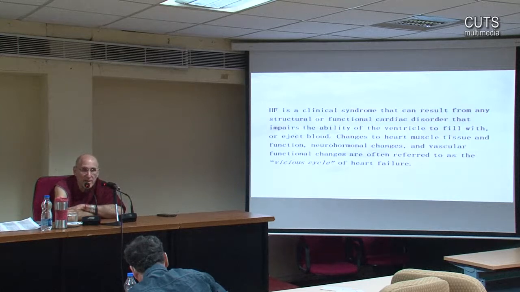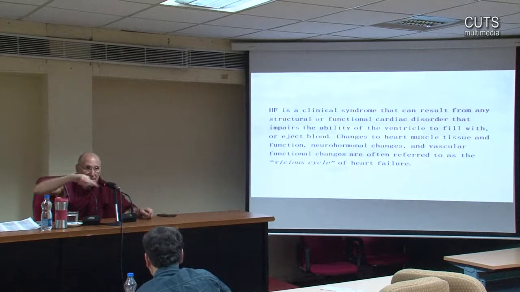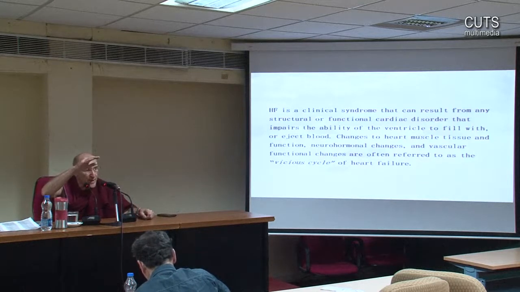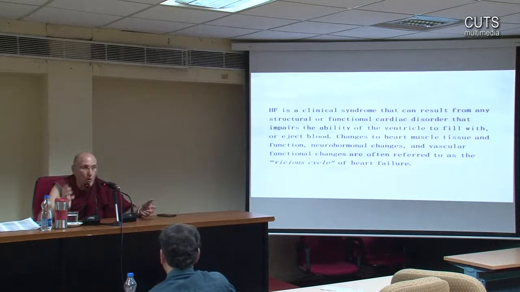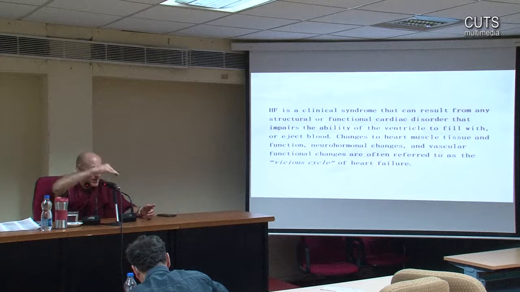And then we'll try to find the Tibetan term. A vicious cycle means that, let's say we have several things happening in a cycle. The things that are happening at the beginning make things worse. And that keeps happening. So you kind of go down. In this case, the heart failure gets worse.